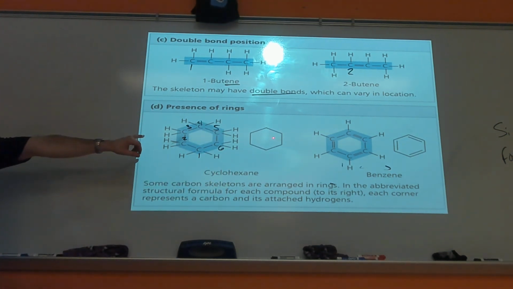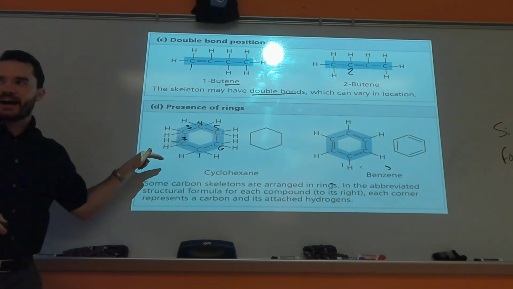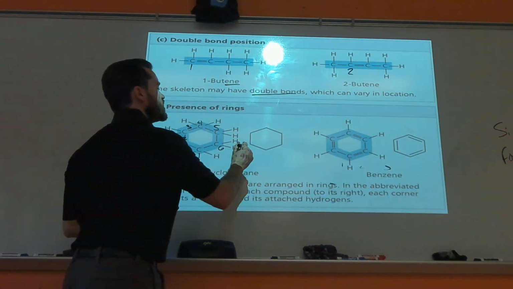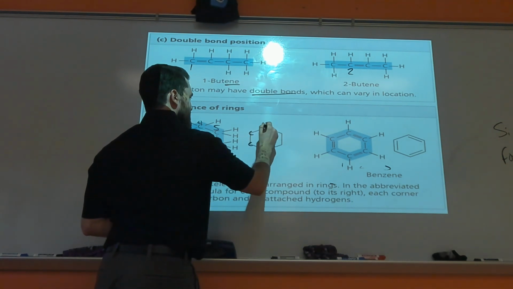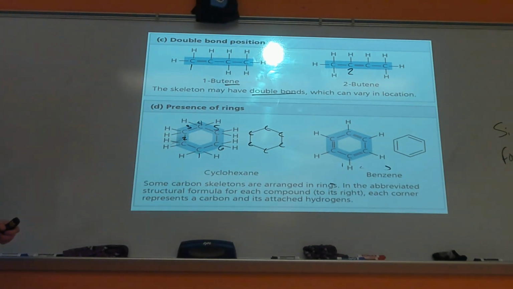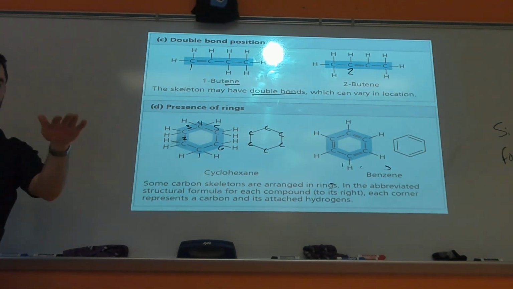Okay. Now, if you're wondering what's this nonsense, why is it drawn like a hexagon here? This is shorthand. It would take forever to draw all these hydrogens. So what this is saying is, we can just assume that the vertices, the corners there, are carbons. Everybody understands that.